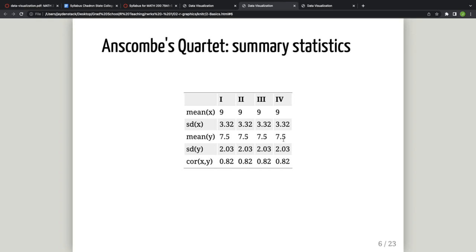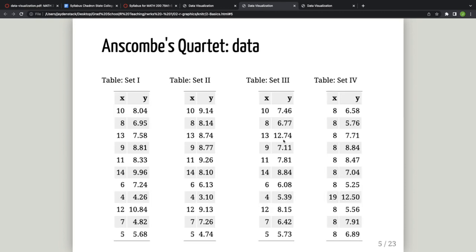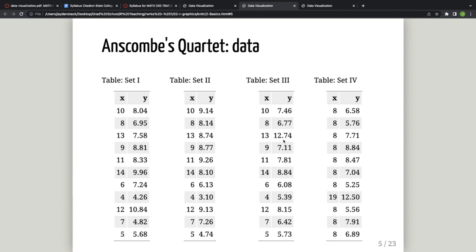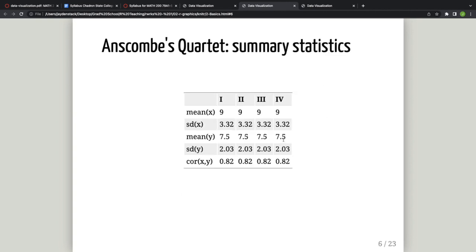And so if I'm trying to make assumptions about the data by using my eyes or using the summary statistics, in this case I'm going to be very, very wrong in saying that, well, they're all the same data, right?